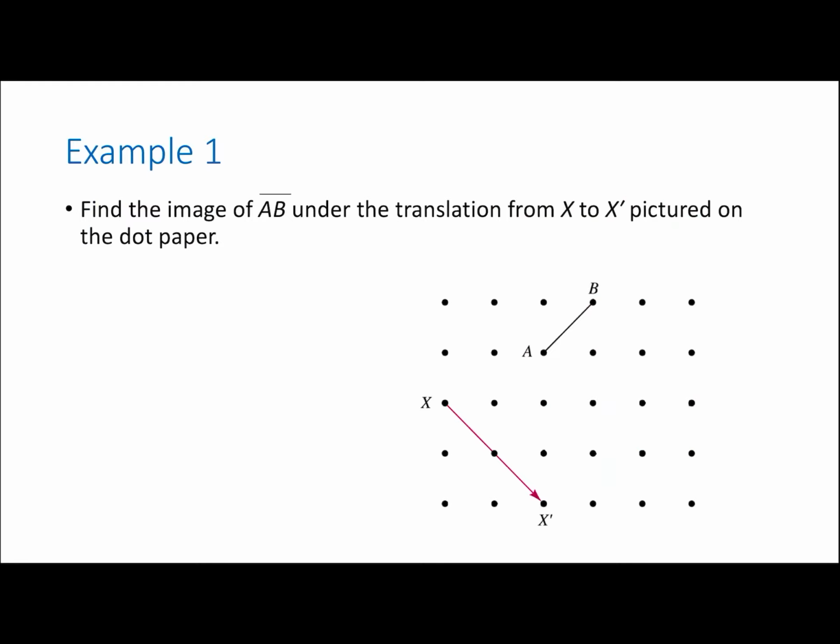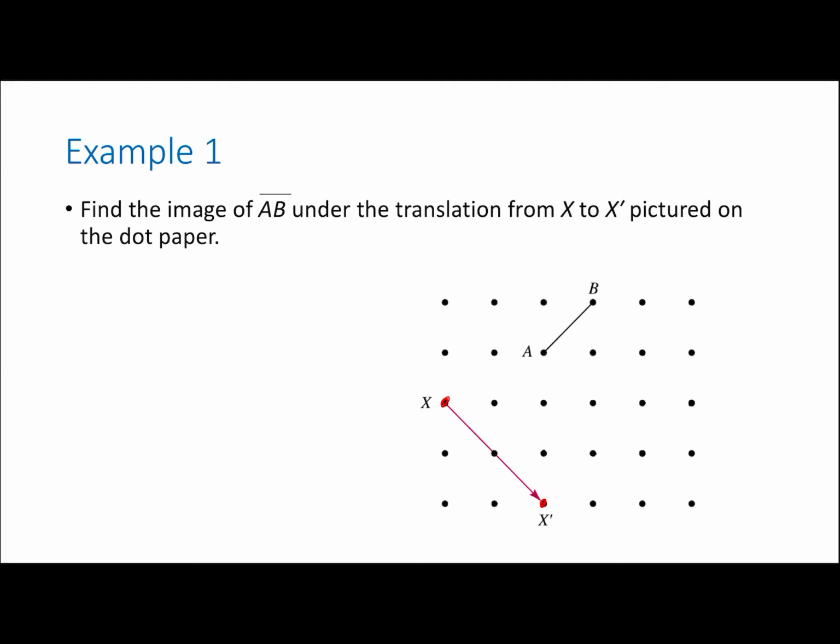Alright, so let's look at example number 1. It says to find the image of segment AB under the translation from X to X prime, pictured on the dot paper. So in other words, we want to take this and we want to move segment AB in the same direction that we move from point X to point X prime. Okay?